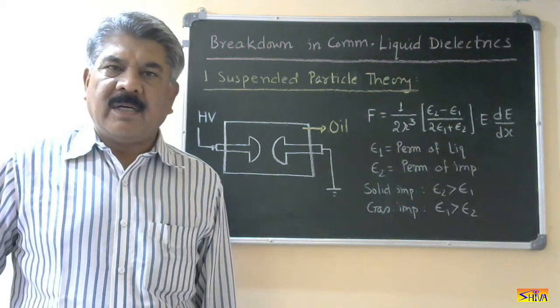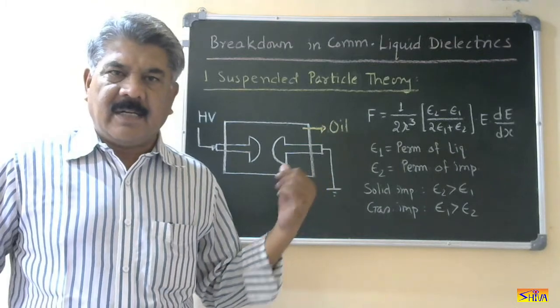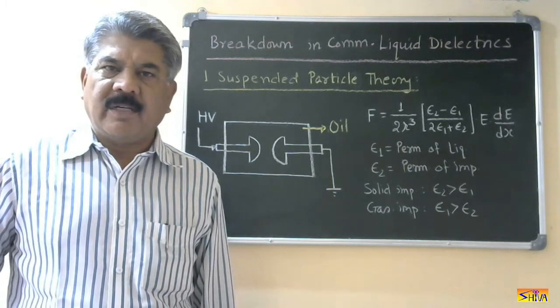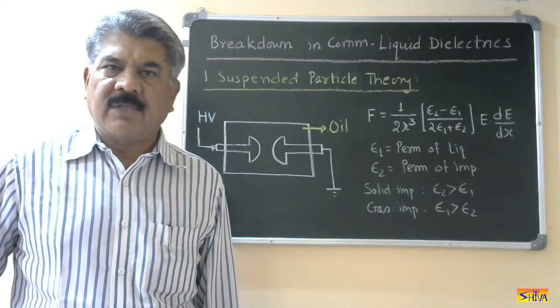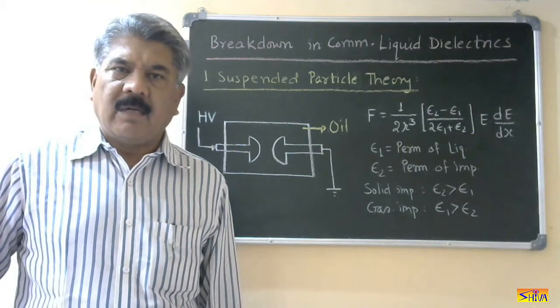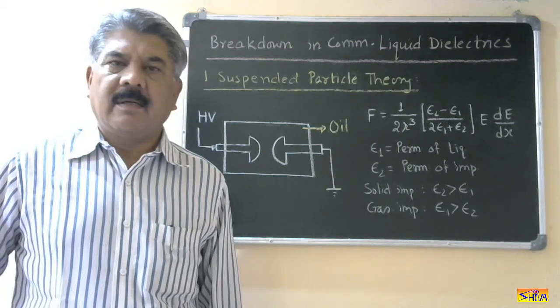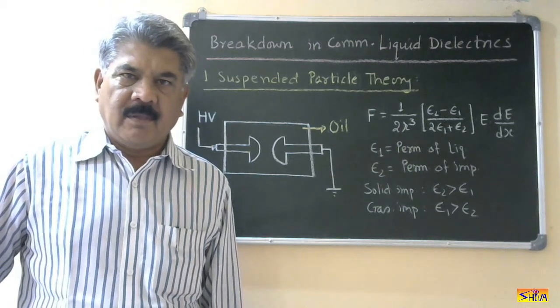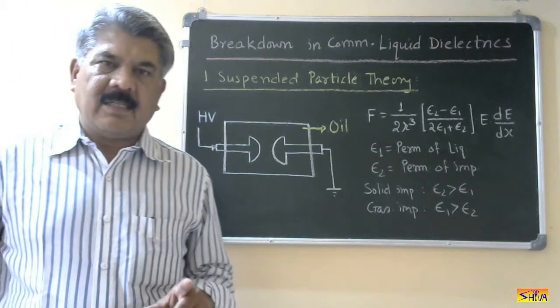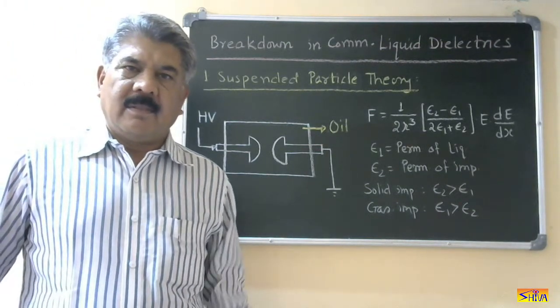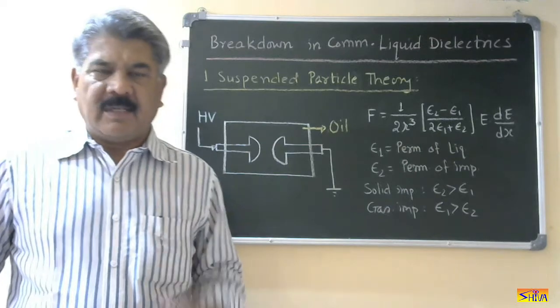Now these impurities, as it is a liquid dielectric, can be in the form of solid impurity, or in the form of vapor, moisture, or we can say gaseous impurity. First, we are assuming that these impurity particles are of spherical nature.